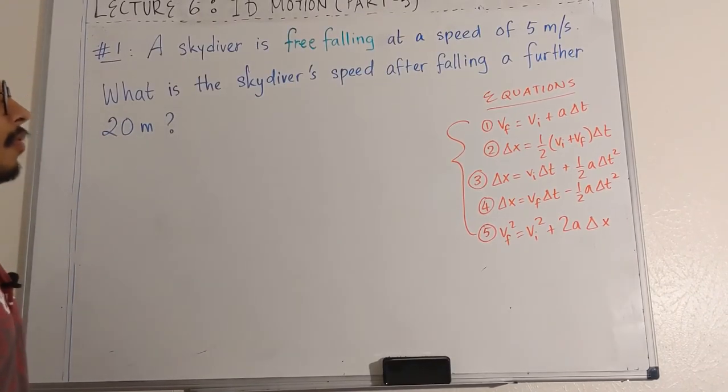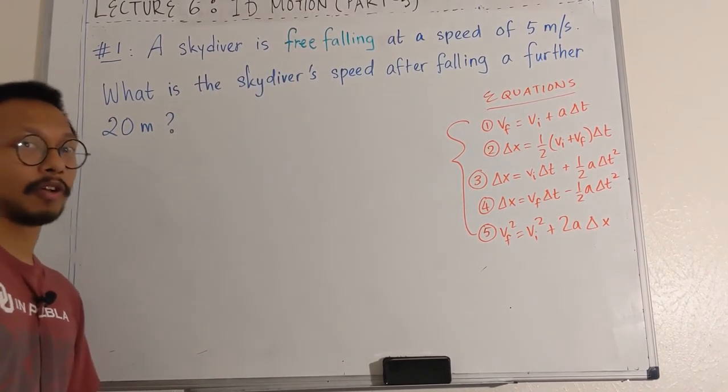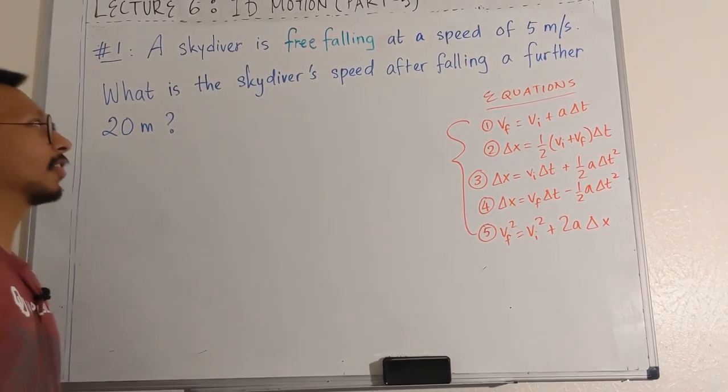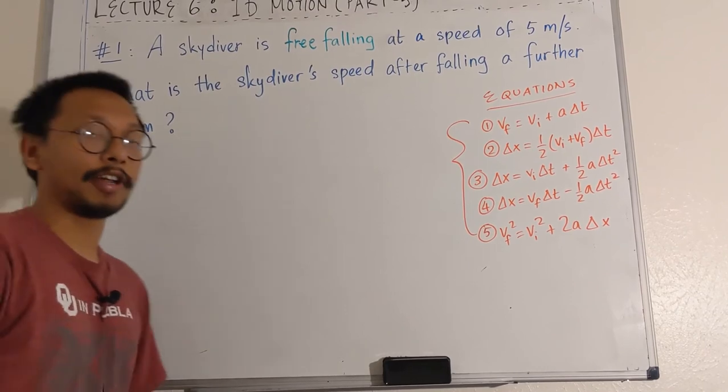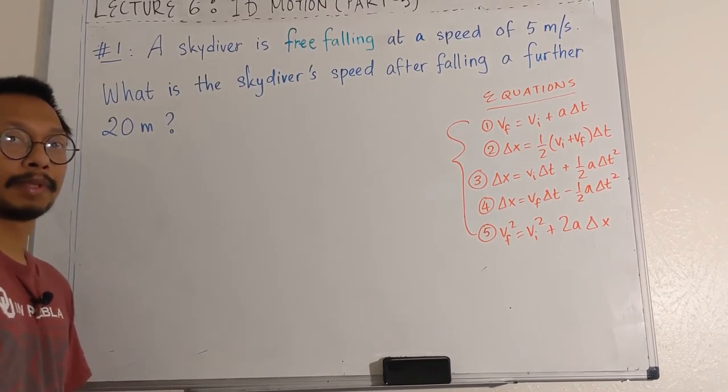Let's look at an example. Here we have a question that reads: a skydiver is free falling at a speed of 5 meters per second. Free falling, apart from being an awesome Tom Petty song, actually refers to anything that falls under gravity.